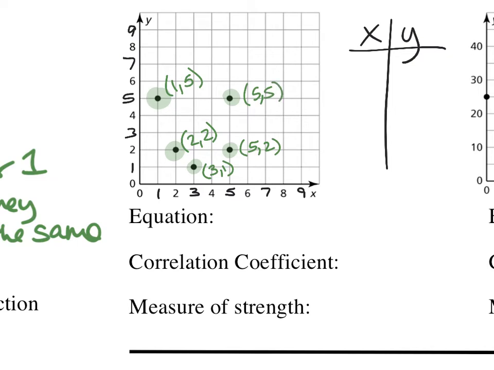Those coordinates can go in a table so that I can type them in. We just need to make sure that we keep the right x partnered with the correct y. Don't mix and match them. They have to be partnered up with exactly what they were partnered with on the graph. So I've just taken the coordinates and put them in a table so that it looks exactly like the Denver question we did last time.